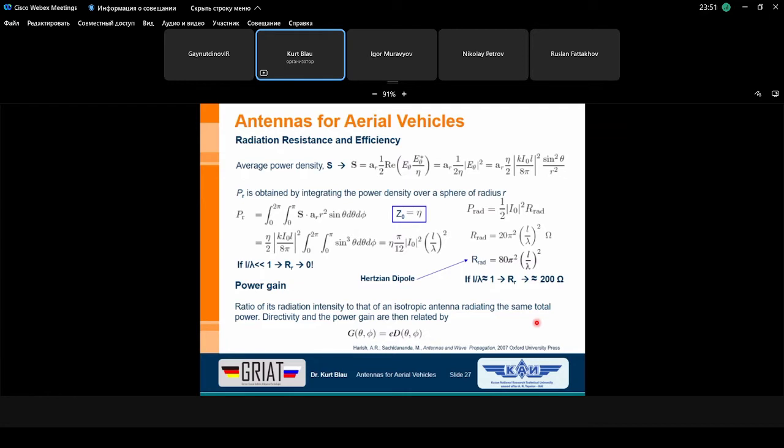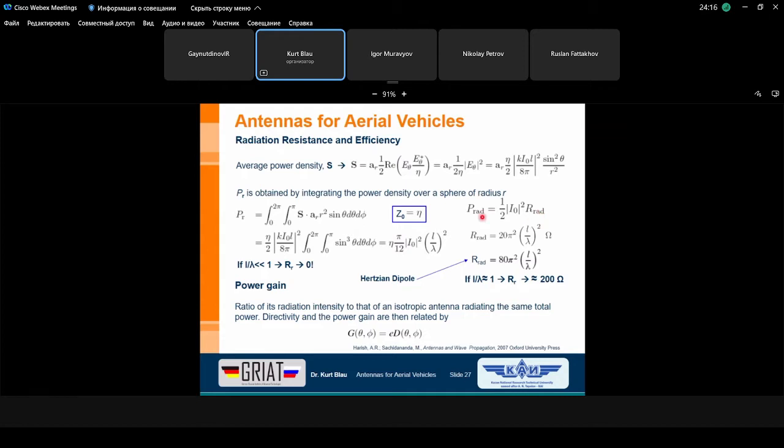Then I gave you an example to determine the radiation resistance of a Hertzian dipole. First we have to determine the radiated power by the equation over the sphere surface, and this must be identical with this primitive formula coming from ohmic law.